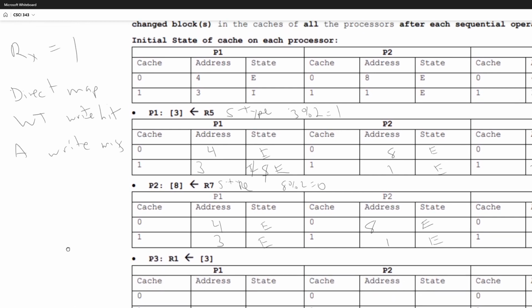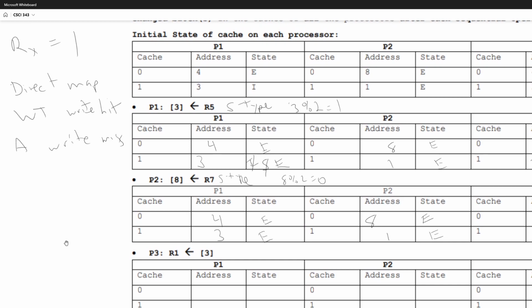Next is a load on processor 3. L type. 3 mod 2 is equal to 1. We check. It does have address 3, but it's invalid, but that's okay.